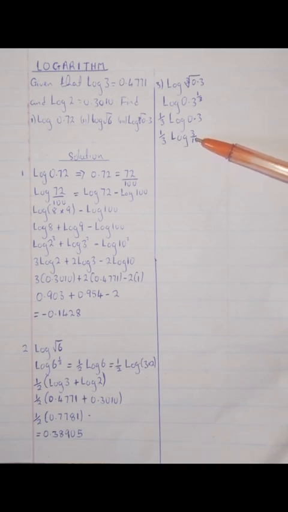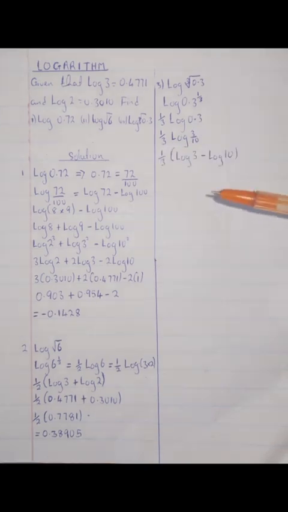The subtraction law says that for log 3 over 10, you are taking the log of this minus the log of this. So if you have log 3 minus log 10, we will have log 3 over 10, because since they are in the same base, we pick out the log of one base and we do 3 divided by 10. So following that same principle, we'll have 1 over 3 log 3 minus log 10.